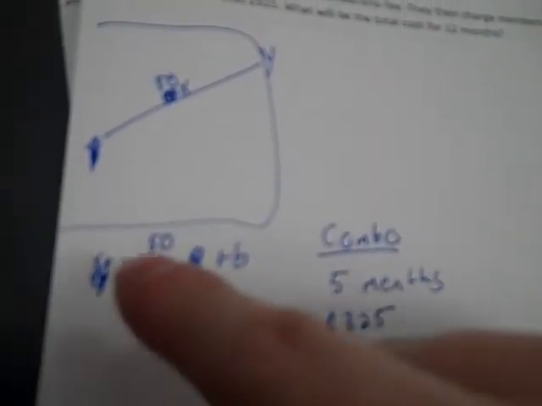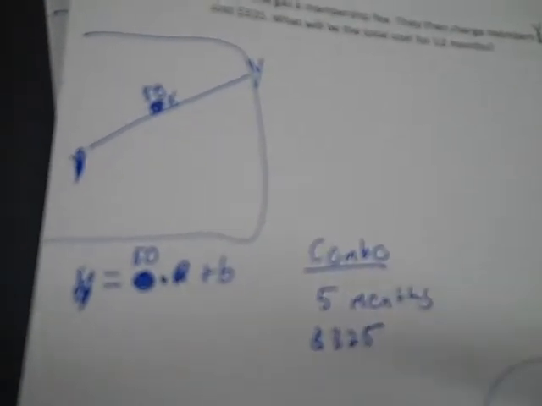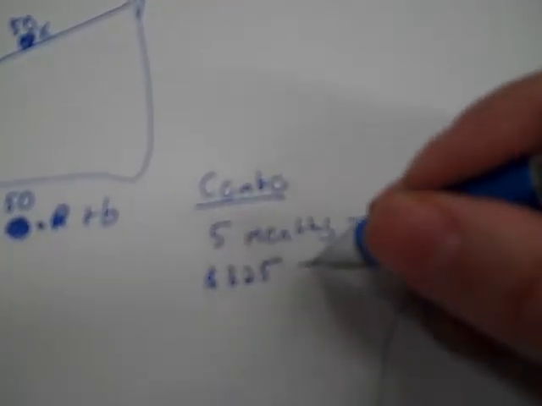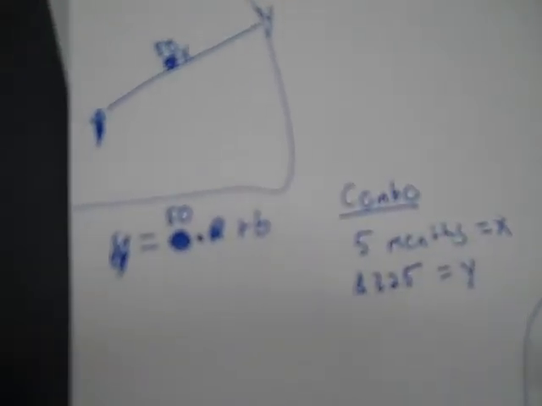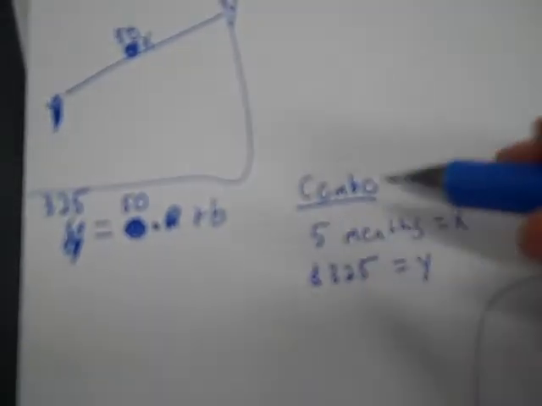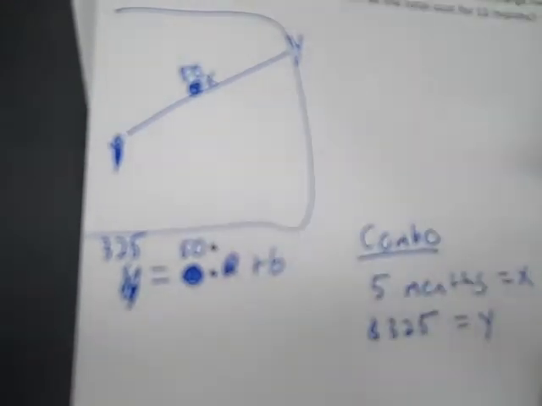Now, which one's X and which one's Y? Well, months is X, so this is going in for X, and then this would go in for Y.